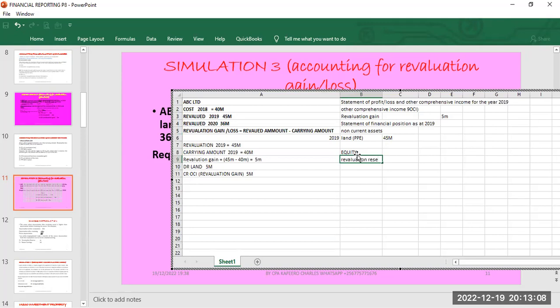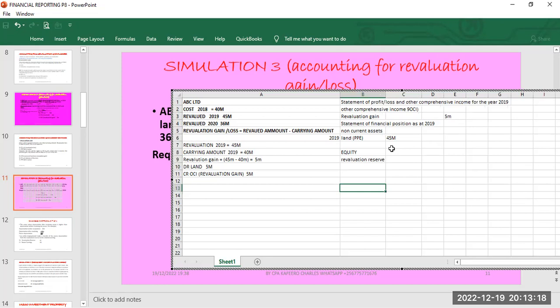We normally call it revaluation reserve. That's why we incorporate all the figures, because it may not be one asset. You find that all the figures, you are going to be accumulating them there, which is 5 million. And that's basically what you were supposed to do for that land in 2019.